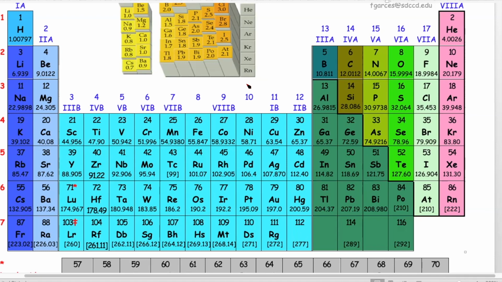And then you can count 18 plus 4 plus 10 plus 2 is 34. So that is going to be your answer just based on counting electrons. D is your correct answer: argon, 4s2, 3d10, 4p4.